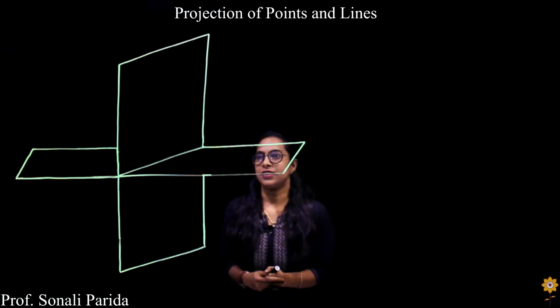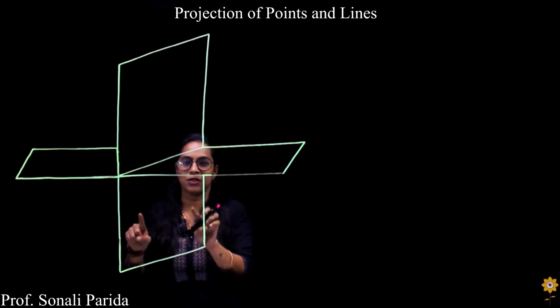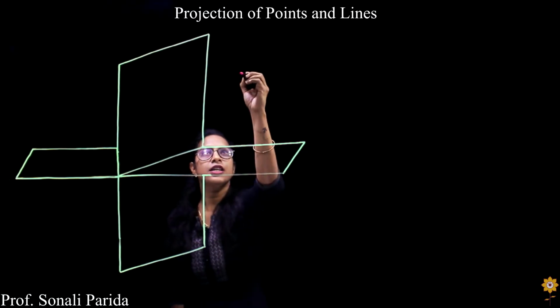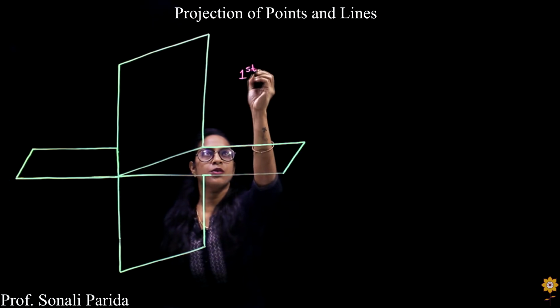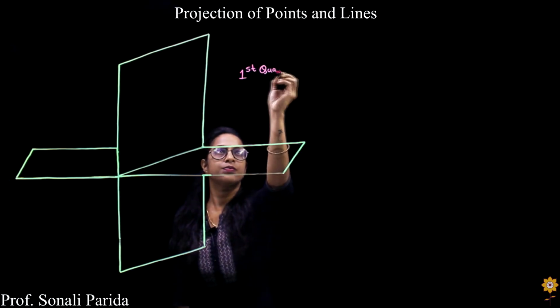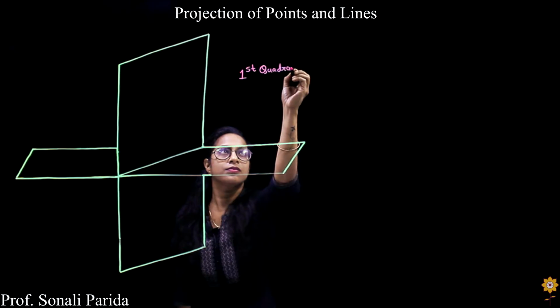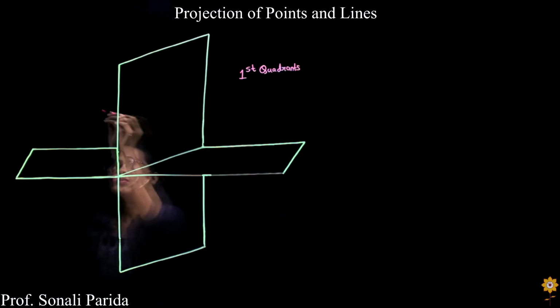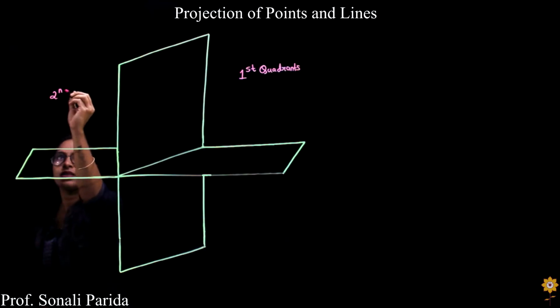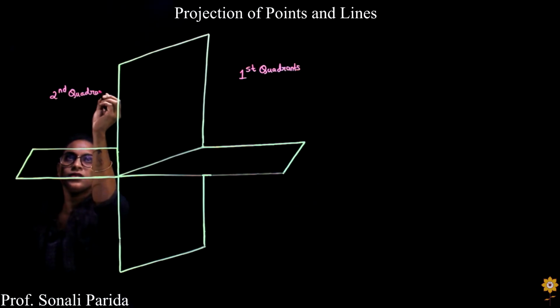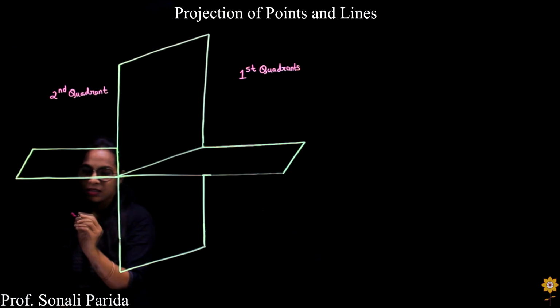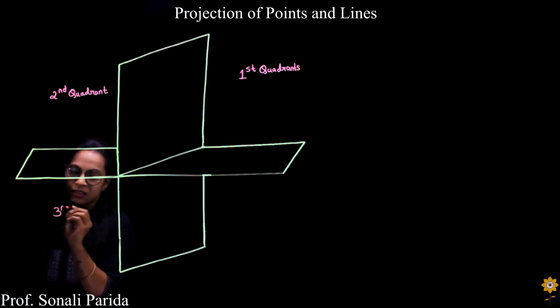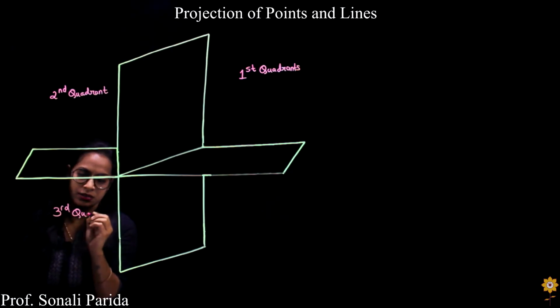So let's say we have this system of quadrants, wherein this is my first quadrant. This is second quadrant. This is third quadrant.